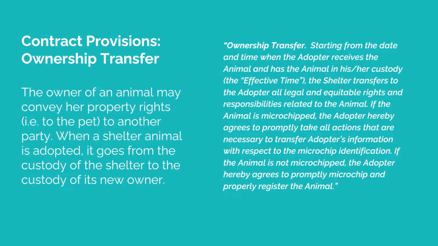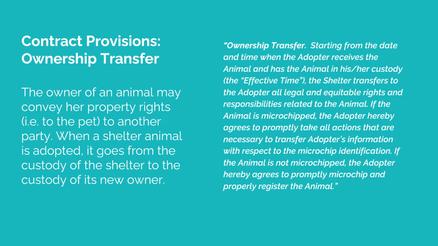The first one being ownership transfer, which deals with the property rights element of transferability. So in this particular clause of the contract, it essentially describes that the owner of an animal, in this case the shelter, has the right to convey their property rights, in this case to the pet, to another party.